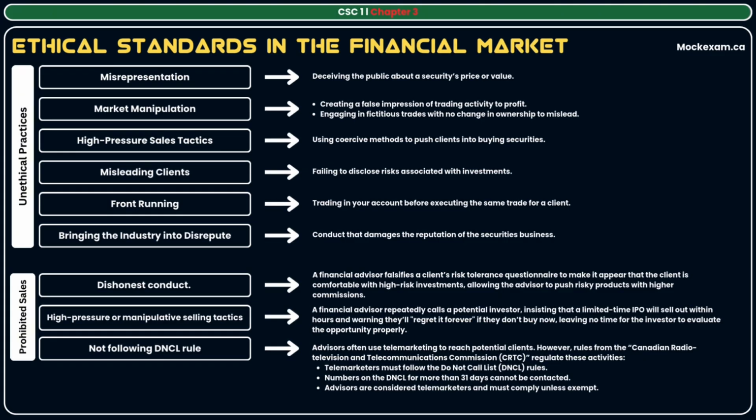Point number 3, advisors are considered telemarketers and must comply unless exempt. Let's say, imagine Alex calling Emma after she registered on the DNCL. If her number has been on the list for over 31 days, Alex's call would breach DNCL rules.